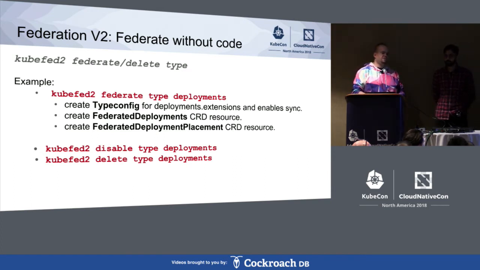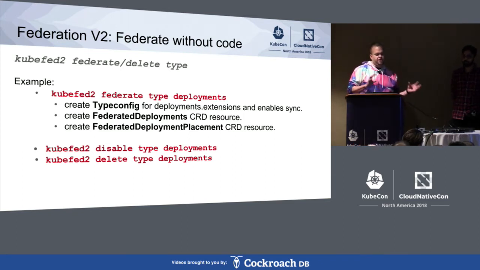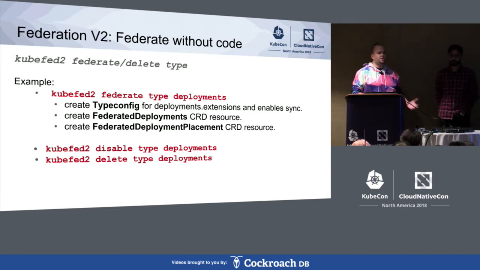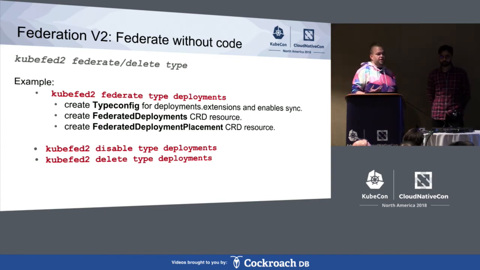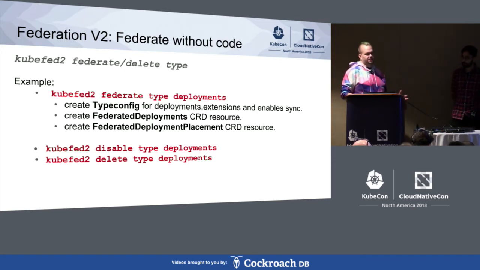We touched on, maybe glossed over it in this run through, the validation schema. We'll generate a validation schema for the Federation APIs based on what the API server reports for OpenAPI, or if it's a custom resource, just slurp that validation schema up and reuse it in the Federation API. When we want to disable propagation or outright delete the Federation APIs from a cluster, we've got the kubefed2 disable and delete commands.